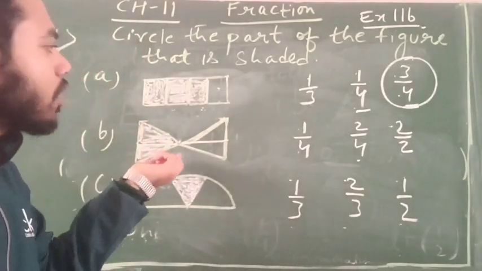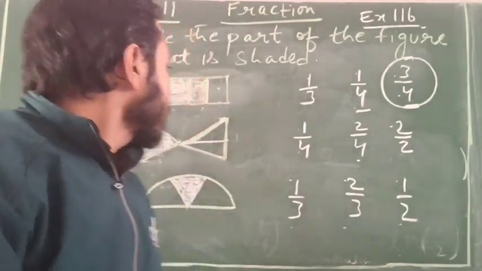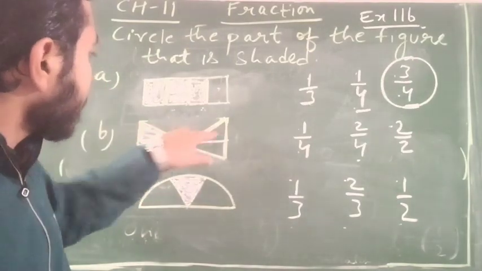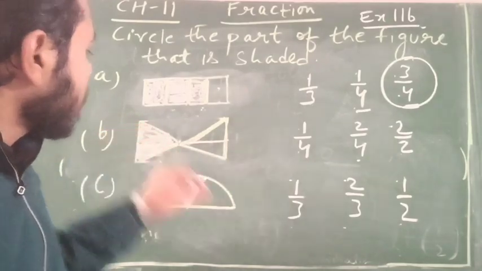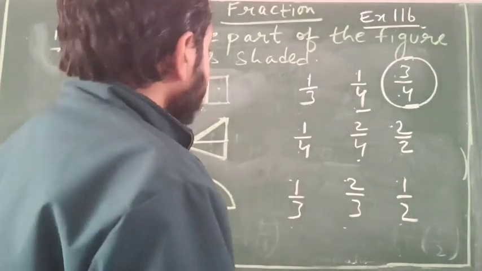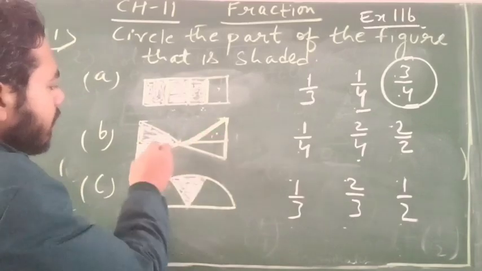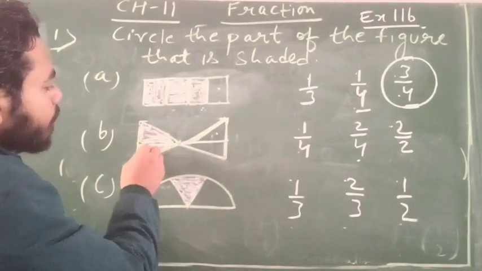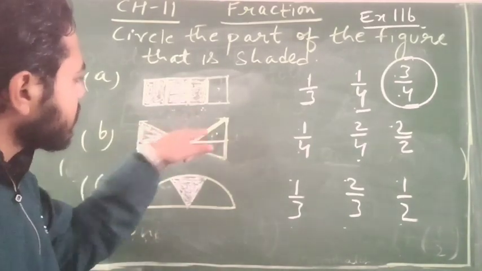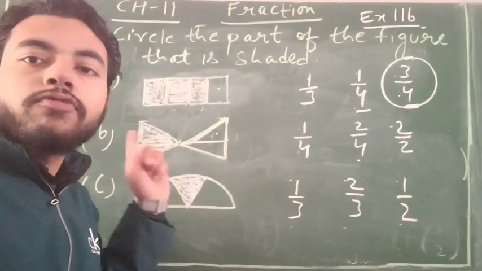Out of 4 parts, 2 parts are colored. So this figure is divided into 4 equal parts. You have to get the idea that the denominator is 4.